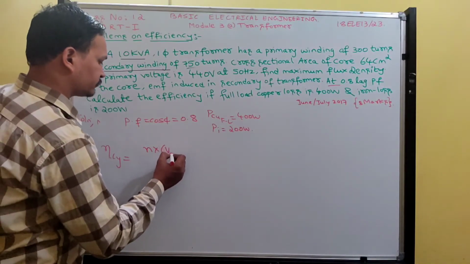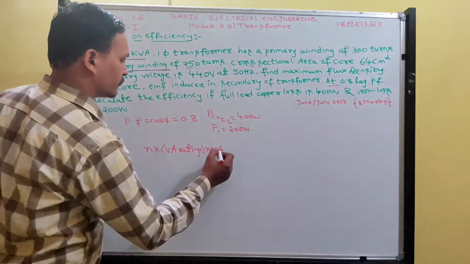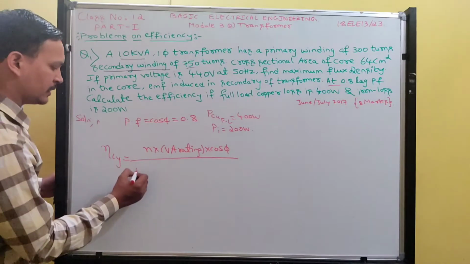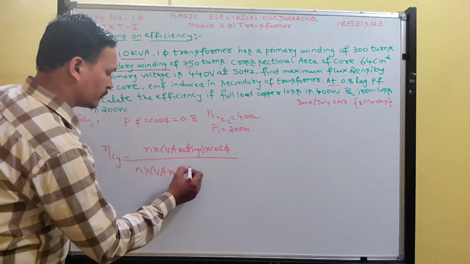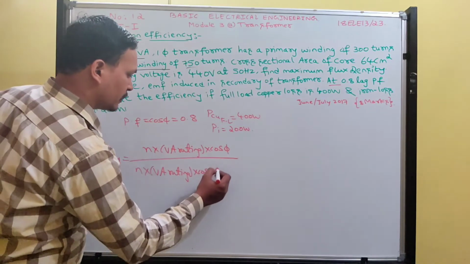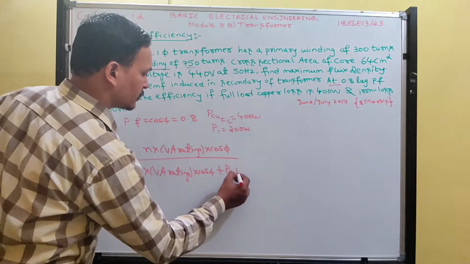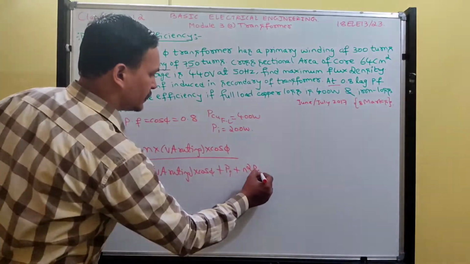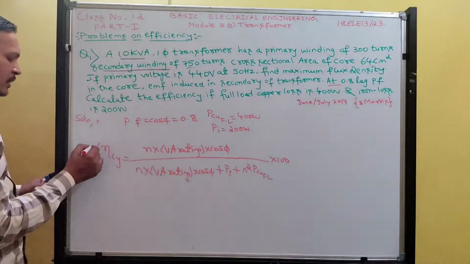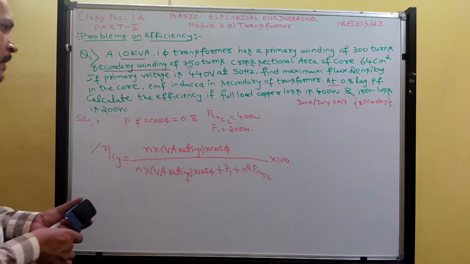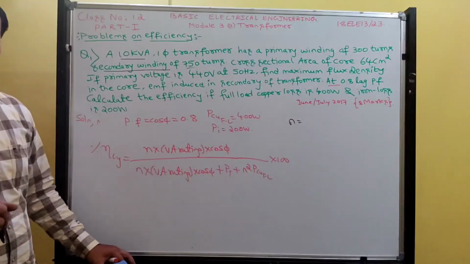So that equation I am going to write: N into VA rating into cos phi, divided by N into VA rating into cos phi plus iron loss plus N square PCu full load, multiplied by 100, then it becomes percentage efficiency. N means loading factor, actual load by full load.